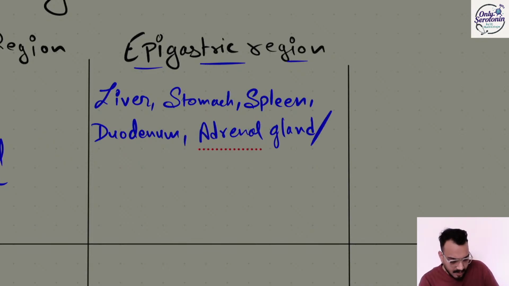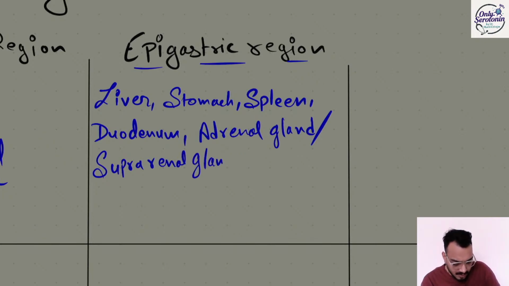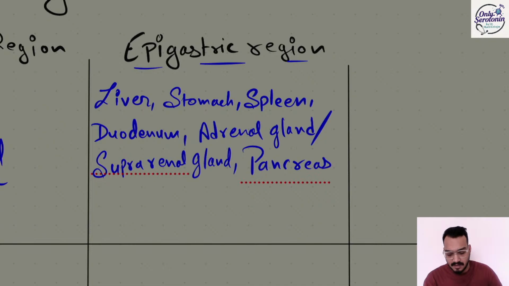Another name of adrenal gland is suprarenal gland, because it is present above the kidney, right? And the last one is pancreas. All these things are present in the epigastric region.